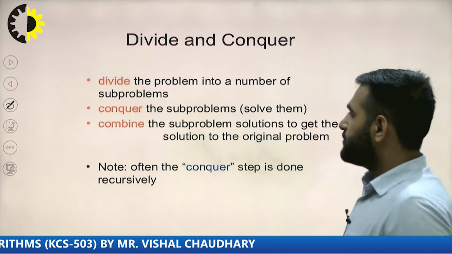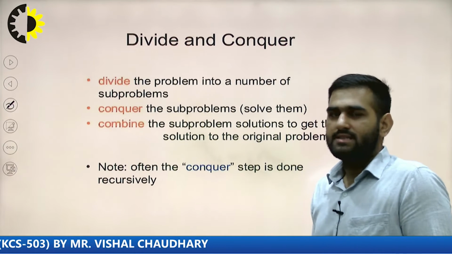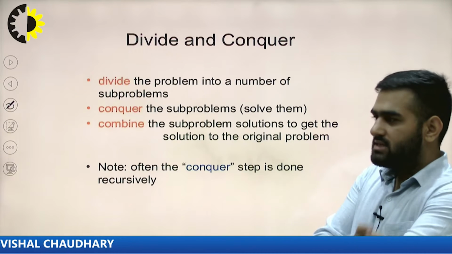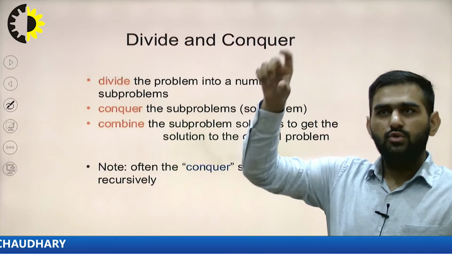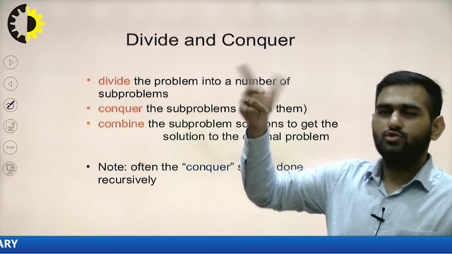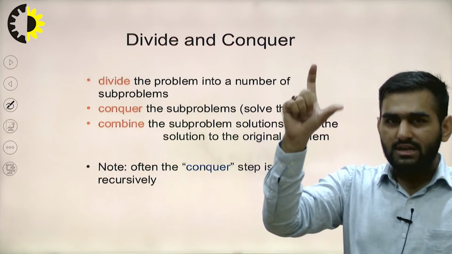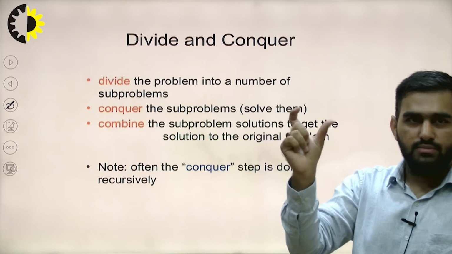Now, the first technique, divide and conquer. As the name itself says, divide and conquer. That means we are dividing the problem into n number of parts. Suppose n is 2, so 2 parts. Next, we will conquer the sub problems.